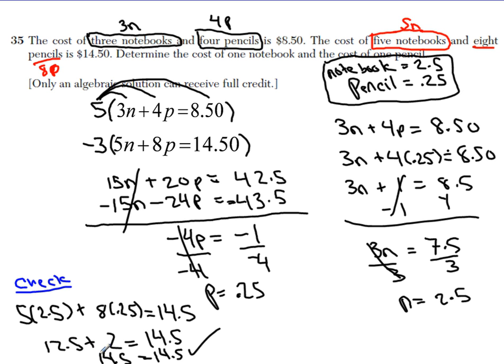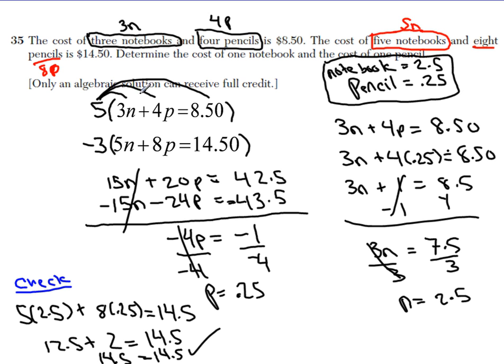Let me just go over this again. I know I kind of just went right into it and didn't really explain much, but look, we initially had two variables. We had a notebook and a pencil. And having an equation with two variables is a problem. They're very difficult to work with.